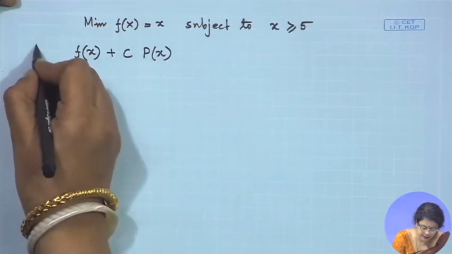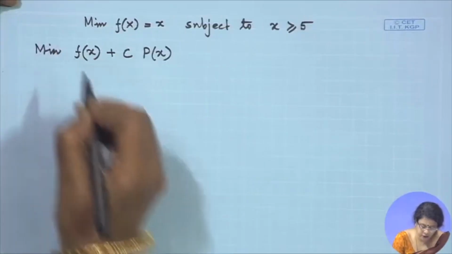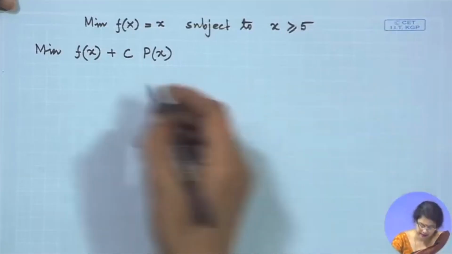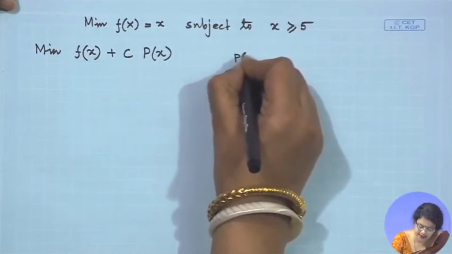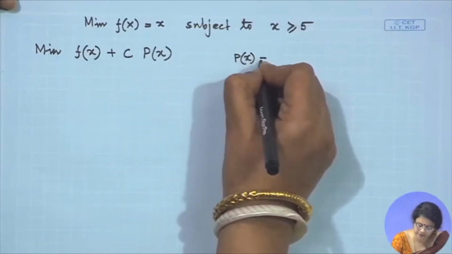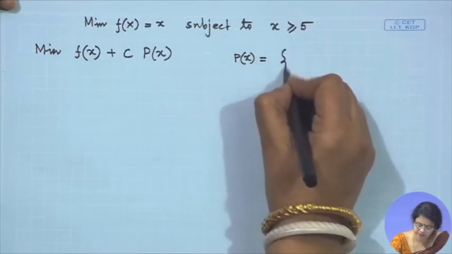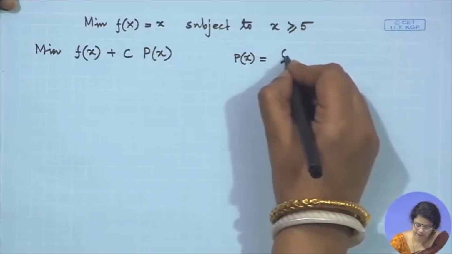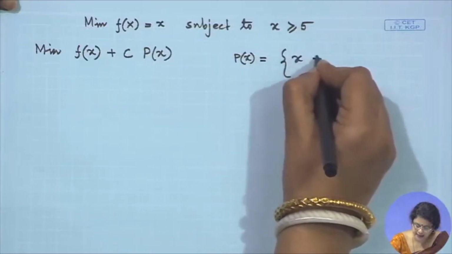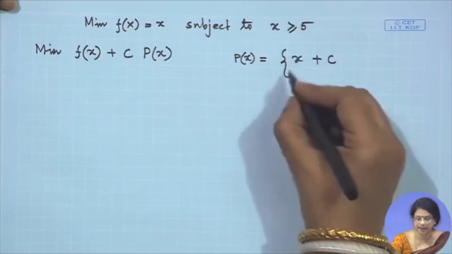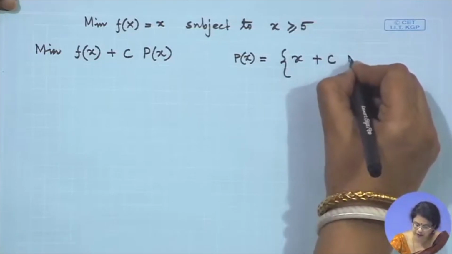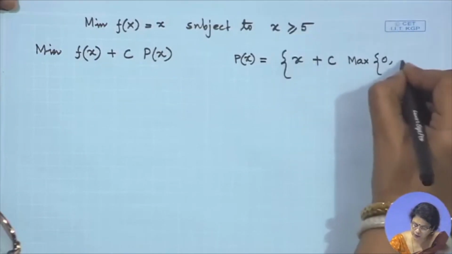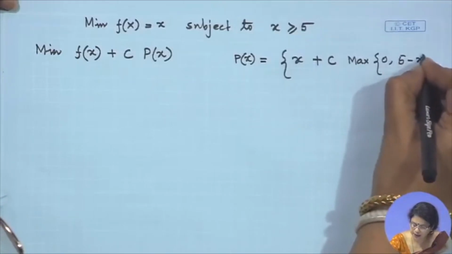What does it mean? How can px be formulated? Now we may consider px this way: x plus c, where x is the objective function, max of 0, 5 minus x.